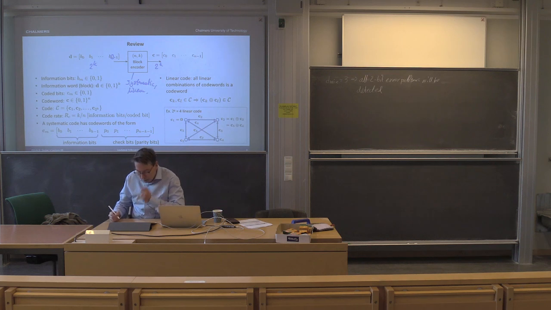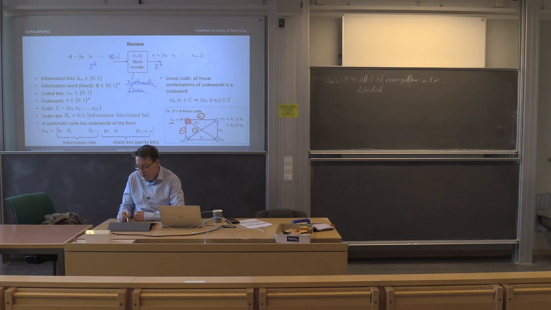Now, one of these code words, either C2, C3, or C4, will be the minimum weight non-zero code word. C1 is 0, so we don't count that. So one of these code words here will have a weight which is equal to the minimum distance. And then we see that there is such an error pattern that we can go for.